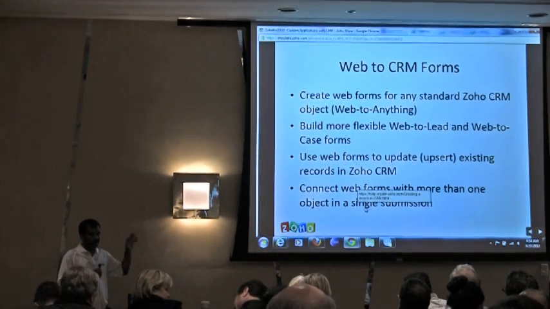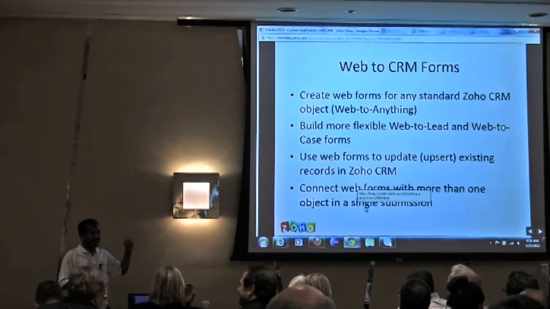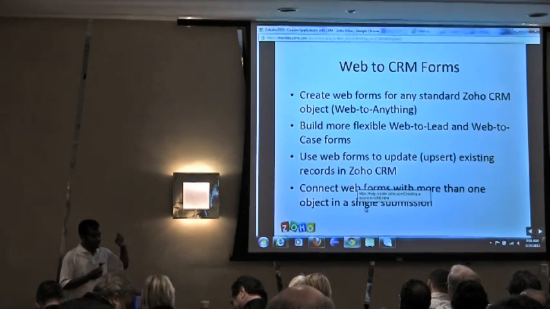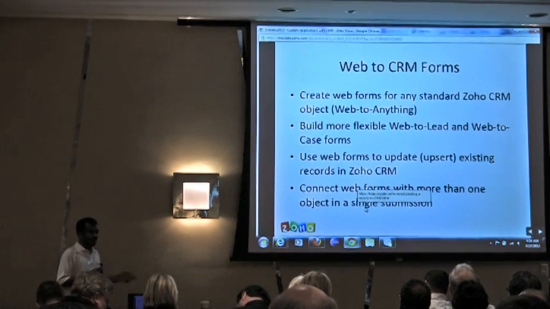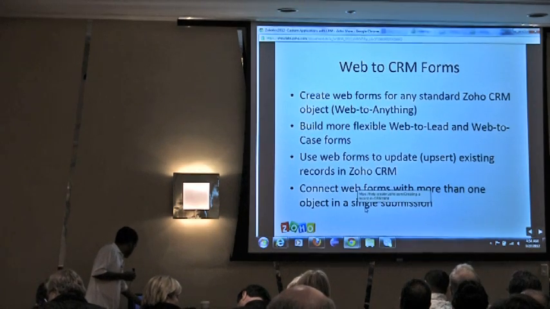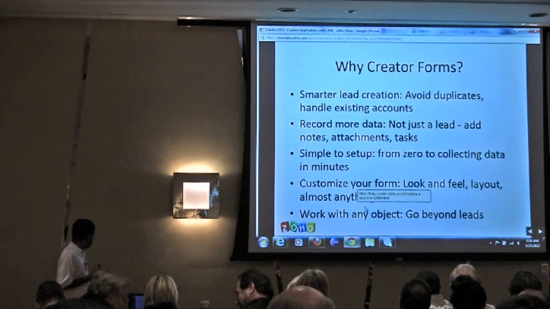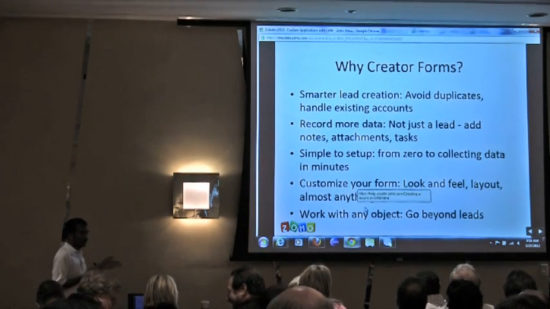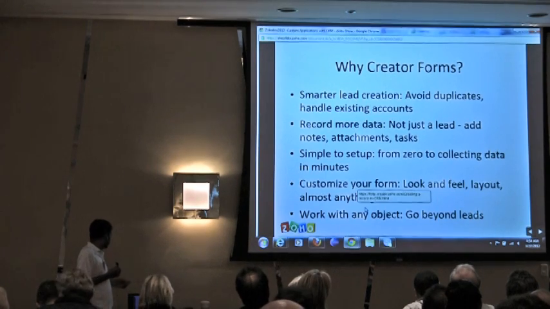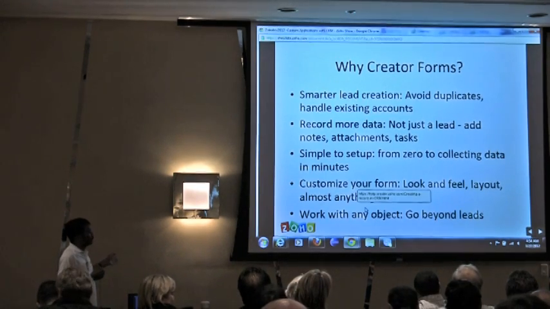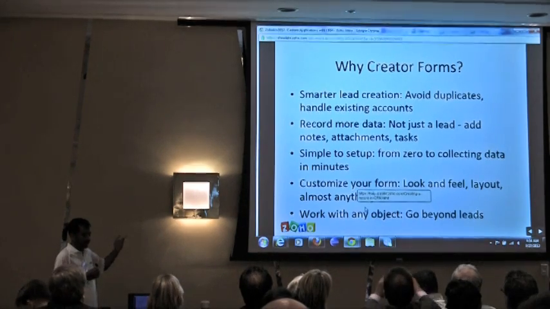Just like the example quoted earlier, you can have a demo registration form. When a user submits data, you can create a contact for the registered user and also a task for giving a demo to that user. The other advantages are that duplicates can be handled, and you can collect notes and attachments.